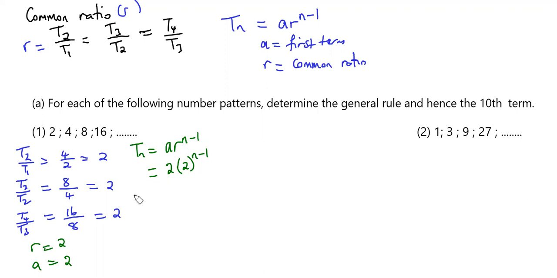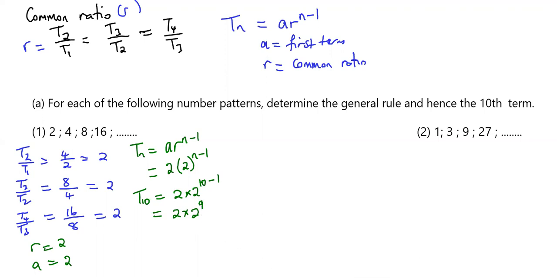But let's see here if we can get T10. So T10, wherever there is n, you put 10. So it's going to be 2 times 2 to the power of 10 minus 1. Which is going to be n minus 1, which is 9 here, because 10 minus 1 is 9.